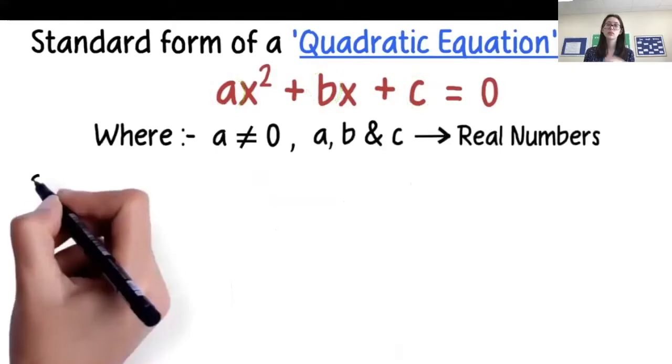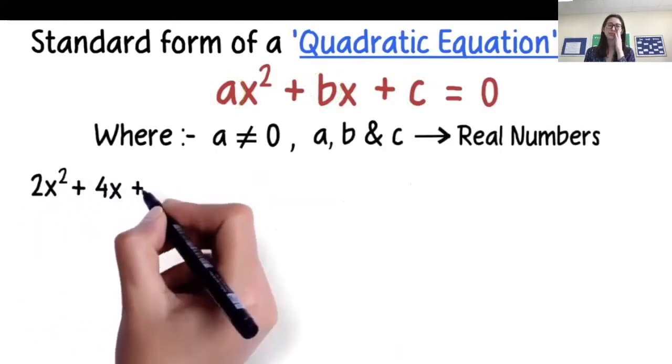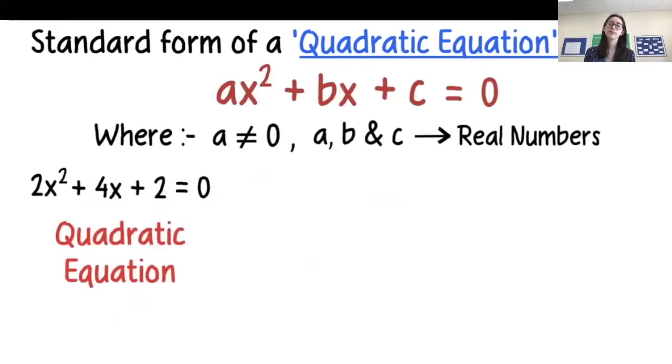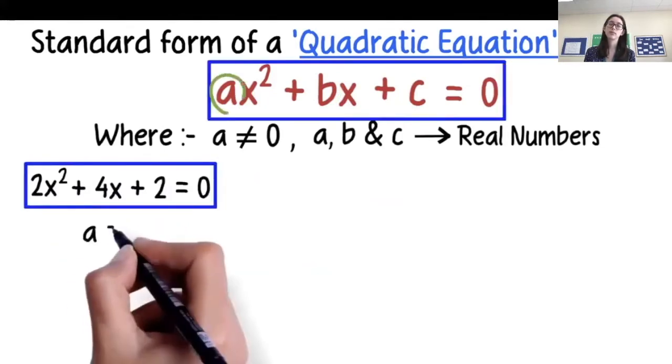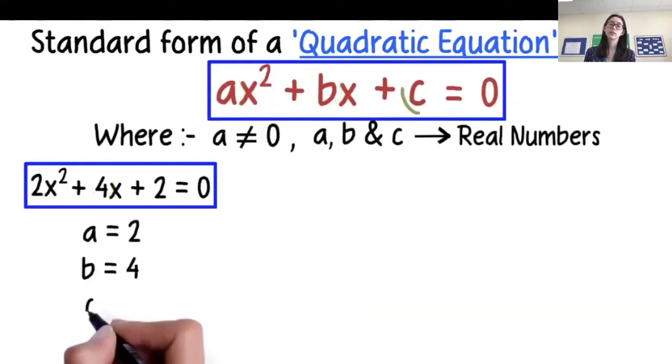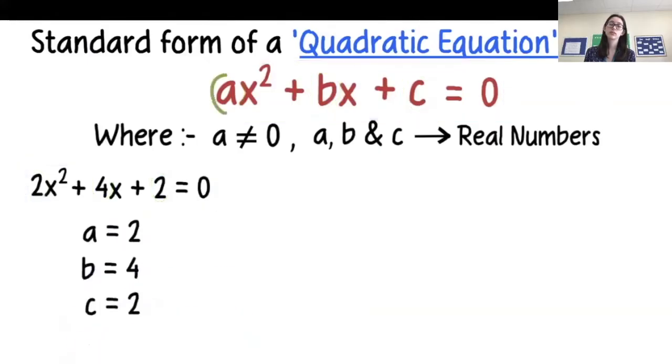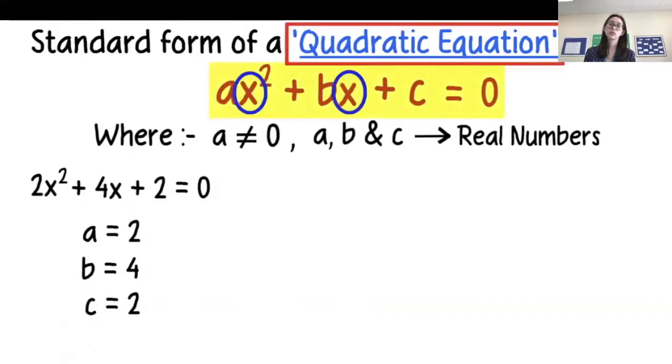For instance, 2x squared plus 4x plus 2 equals 0 is a quadratic equation. Comparing it to the standard form, we get a as 2, b as 4, and c as 2. A is the coefficient of x squared, b is the coefficient of x, and c is the constant. This is called a quadratic equation in variable x.